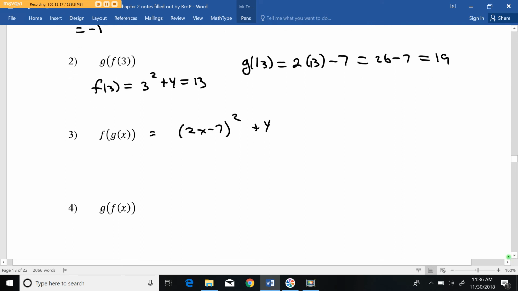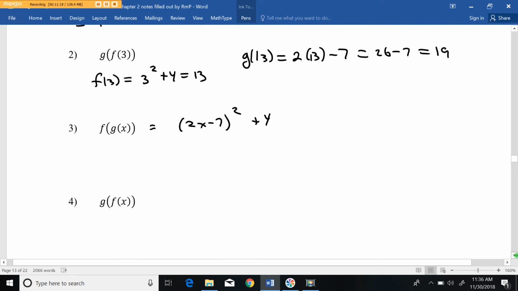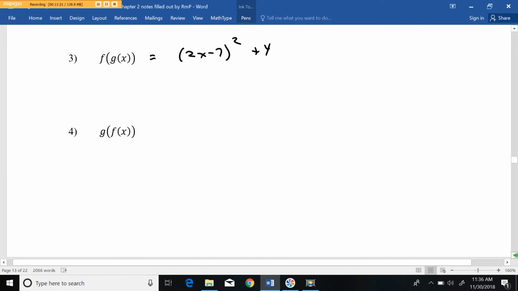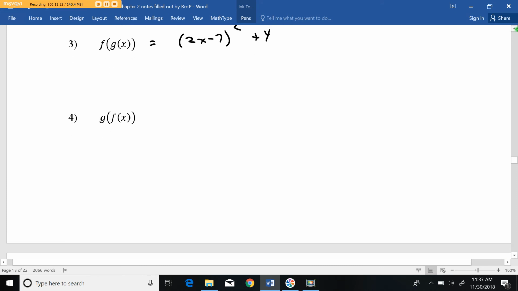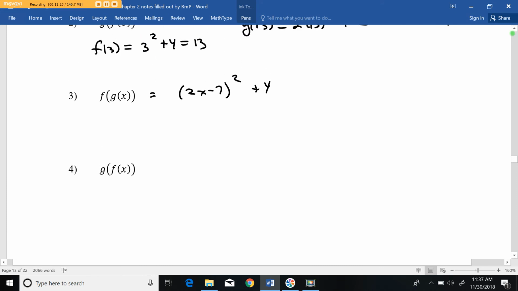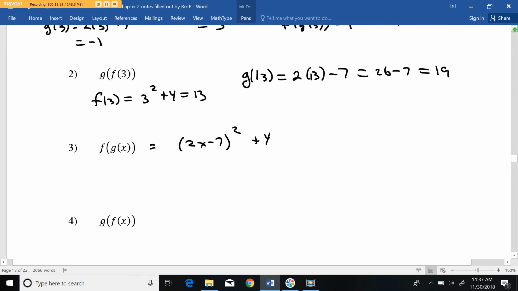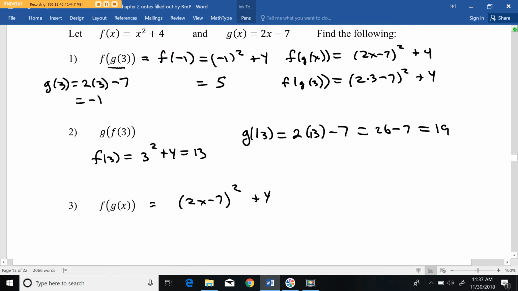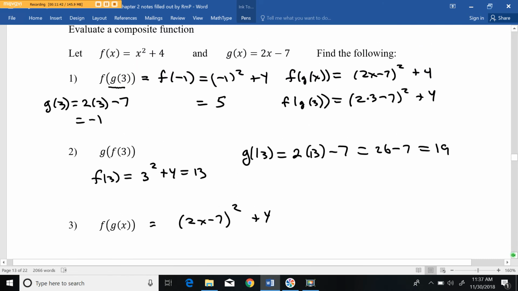Okay, one more. Well, maybe a couple more. Nope, just one more. All right. G of f of x. So this means take f and it goes into g. So our function f was, I guess I got to go back and take a look again. X squared plus 4, and that's going to go into g, which is 2x minus 7.